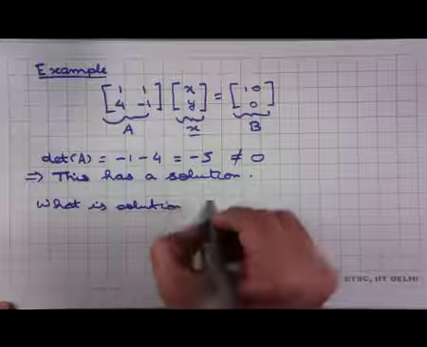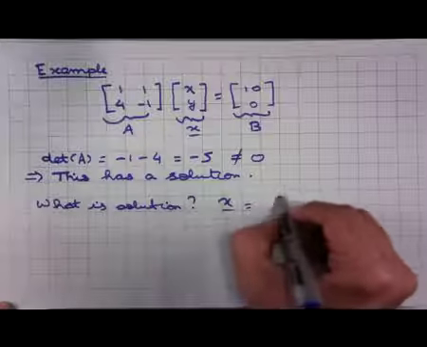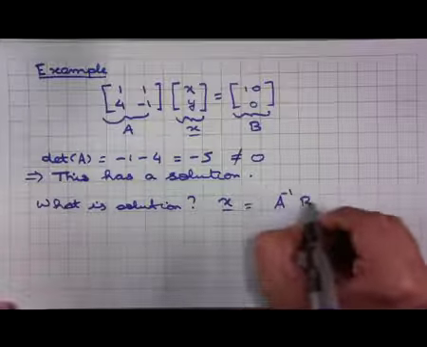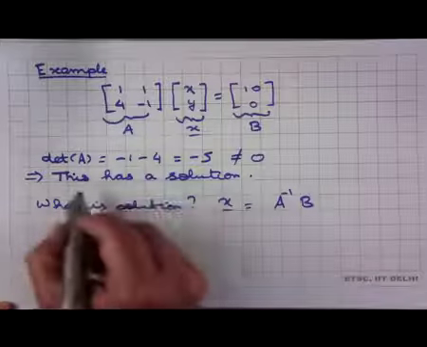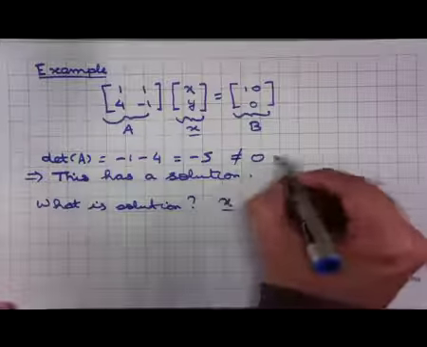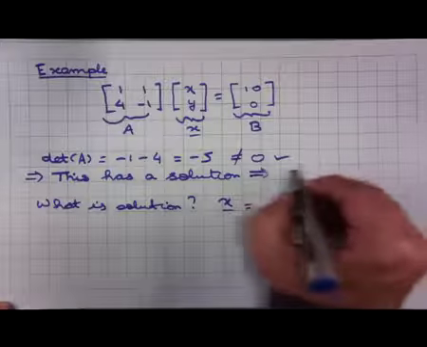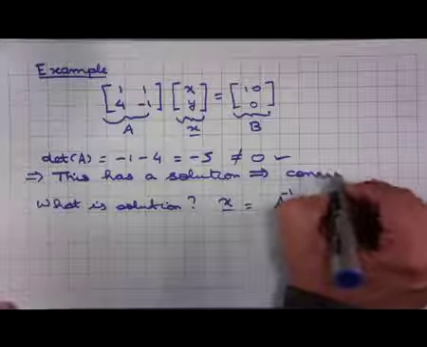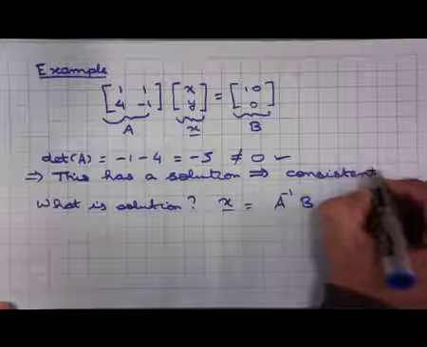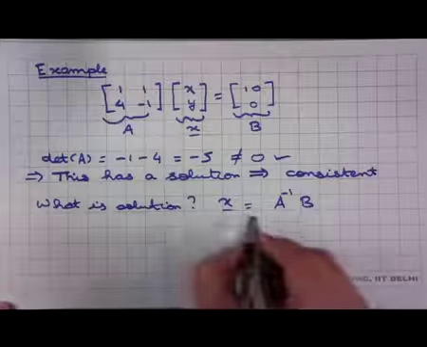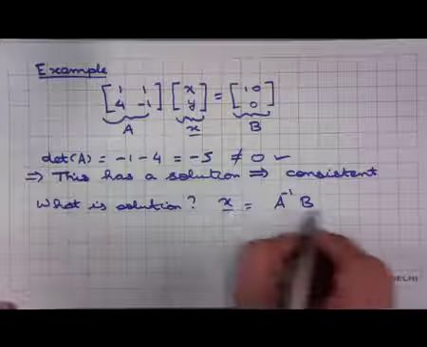The solution of x is A inverse times B, right. So, using the fact that the determinant is not 0, we can say that this is a consistent system of equations. What is the solution? There we have x bar is A inverse times B.